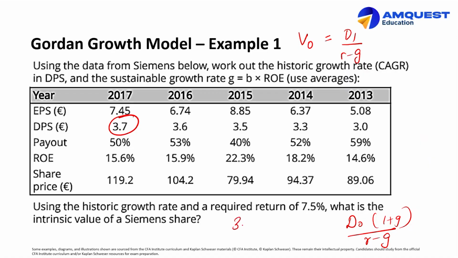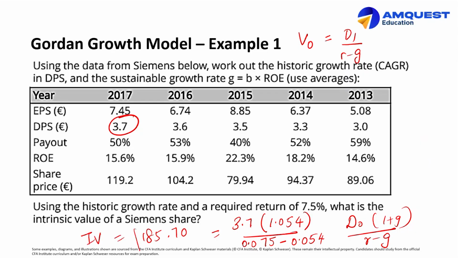So I'll take 3.7, multiply this with 1.054, which is the growth rate I got from my CAGR, divided by 0.075, which is my K, minus 0.054, which is my G. So if I solve this, I get the answer as 185.70. So the intrinsic value of my share is 185.70.